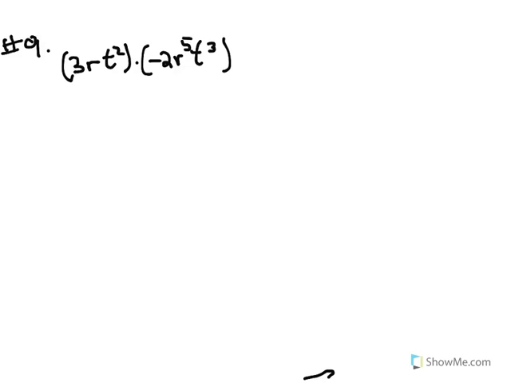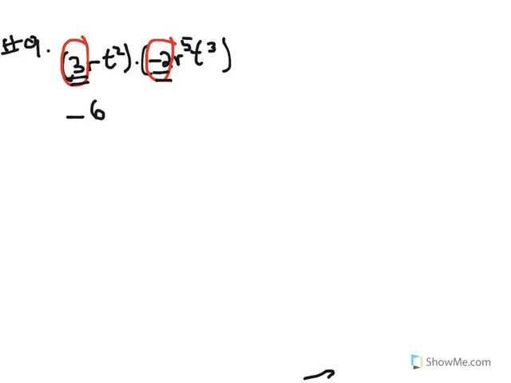This is still something that you can do, because you know the properties. I like to circle my coefficients first, with sign and all. So now you have 3 times negative 2. 3 times negative 2 is negative 6.